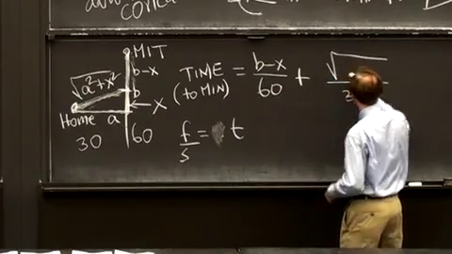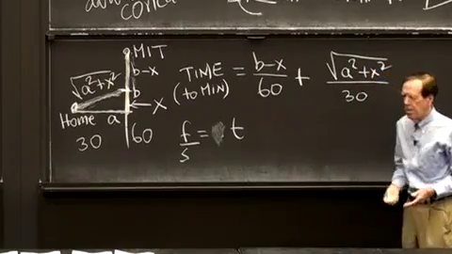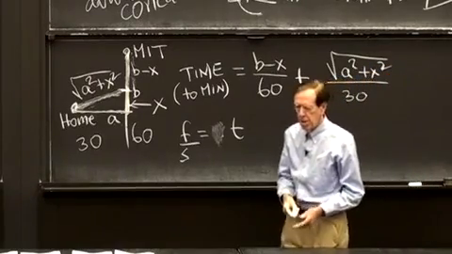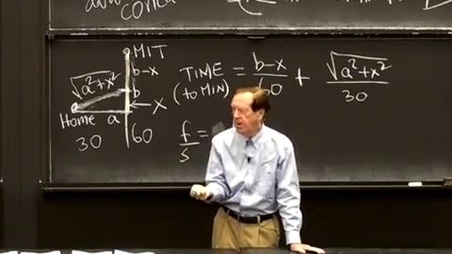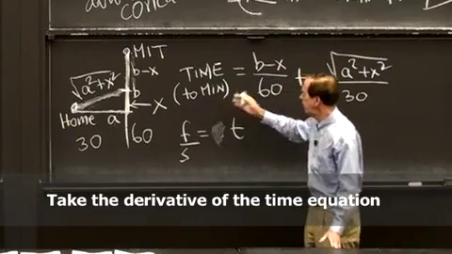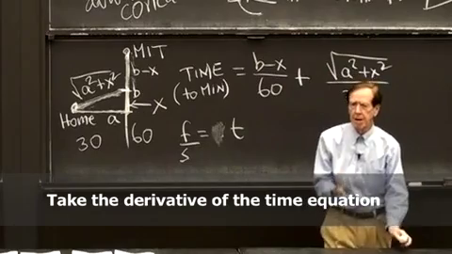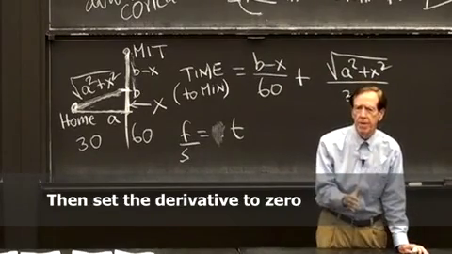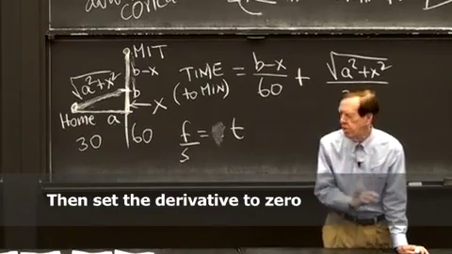That's the distance on the city streets. And now, what do I do? I've got an expression for the time. This is the quantity I'm trying to minimize. I minimize it by taking its derivative and set the derivative to 0. Take the derivative and set the derivative to 0.